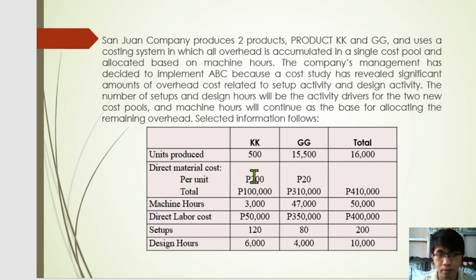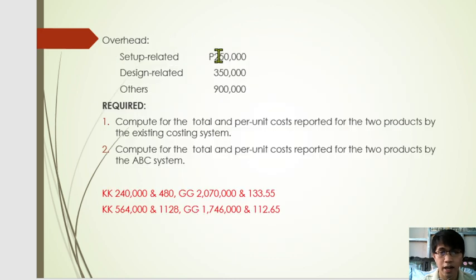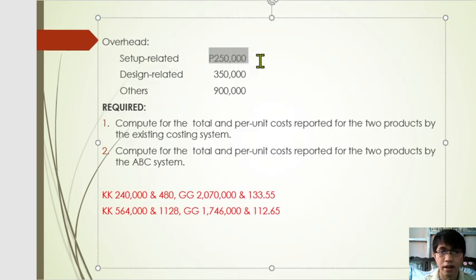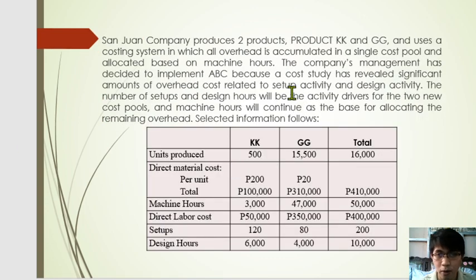So, we have no problem again with direct material and direct labor cost. We go to the overhead. Setup related first. The setup-related overhead is 250,000. How is it allocated? It is based on your number of setups. It says number of setups and design hours will be the activity drivers.